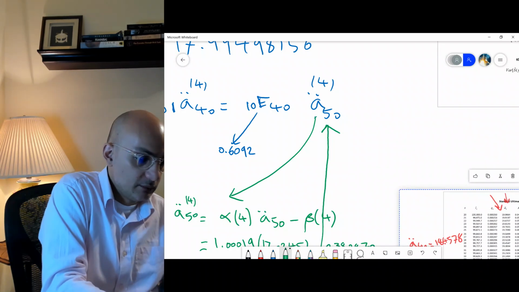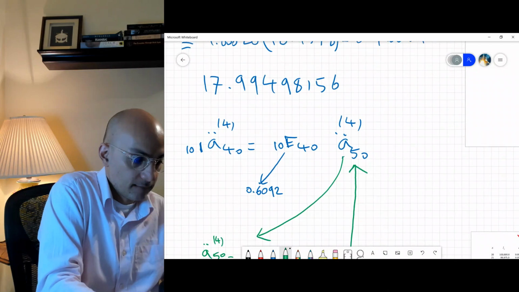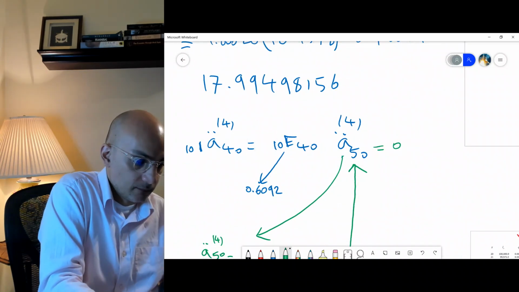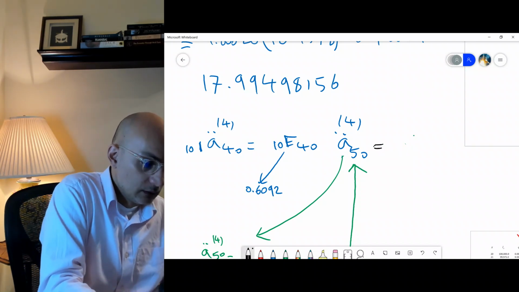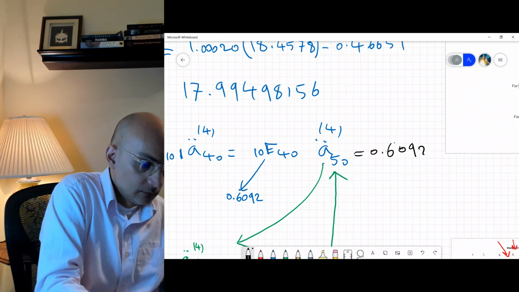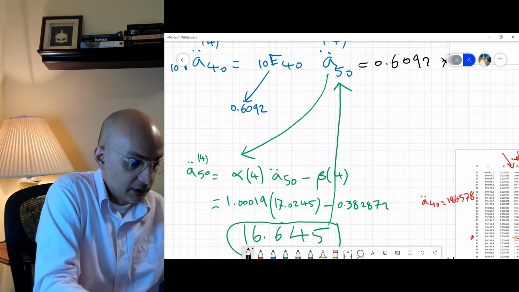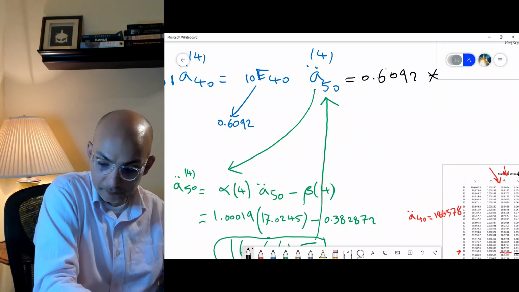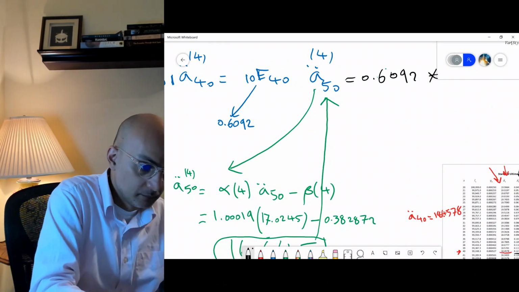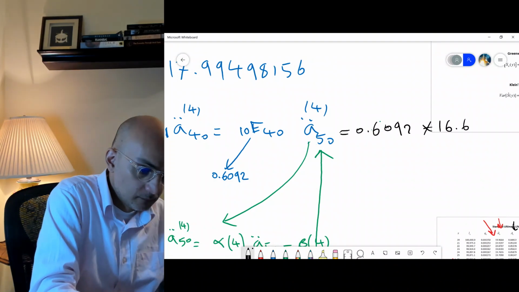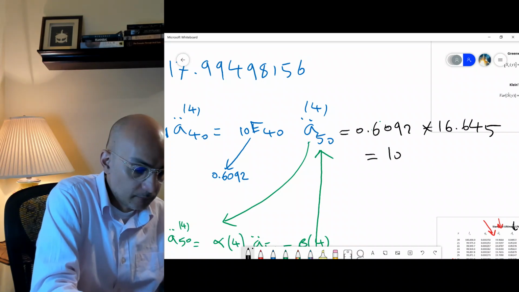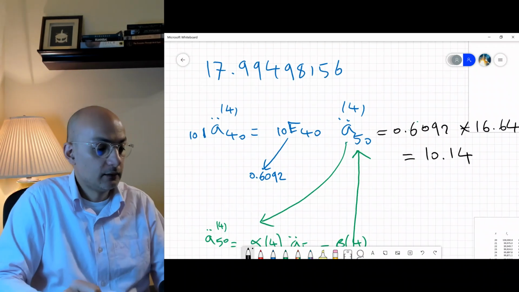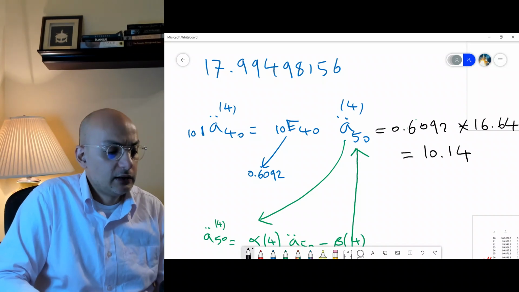Now this one will become .6092, then multiplied by whatever the number here, 16.645. And this will give us 10, right?